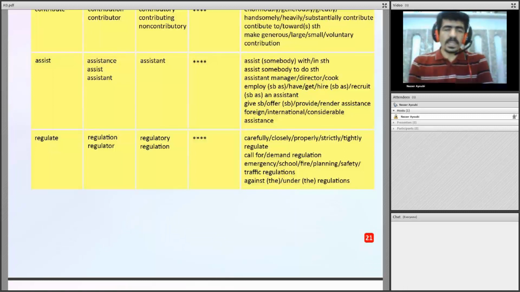And regulation as an adjective is related to the rules, according to the rules. For example, the girls are wearing regulation shoes means they are wearing the shoes that they have to wear. And wearing those types of shoes is based on the rules.